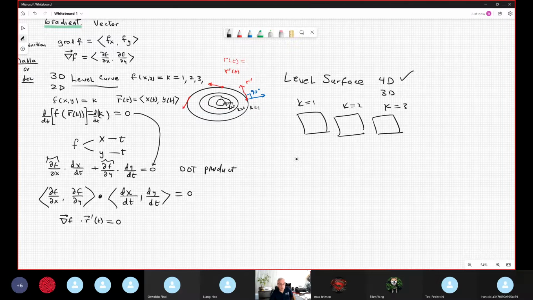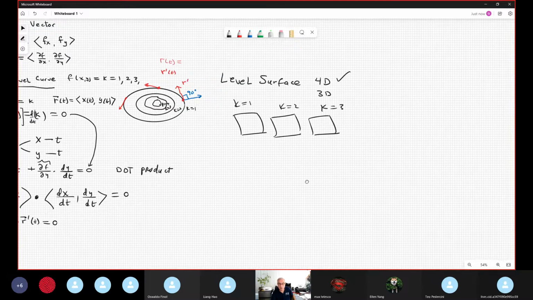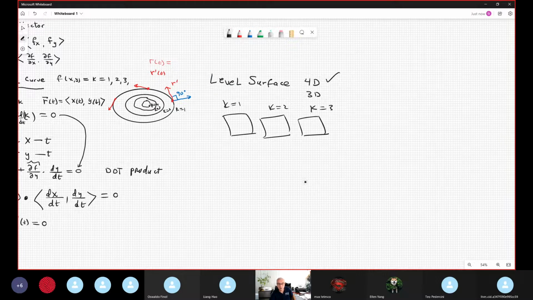And in this case we can also define the gradient. But again, the same problem that you have: for example, suppose z equals f of x, y is an explicit equation. However, you can write it like f of x, y, z equals 0, which is implicit.